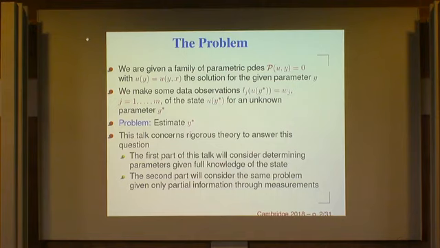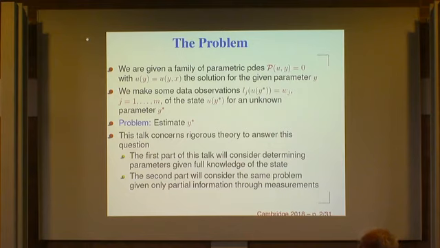So here's the problem I want to talk about. We have a parametric family of PDEs. Y is the parameter, U is the solution for that parameter Y. And I'm in a setting where I have a certain state, U of Y star.